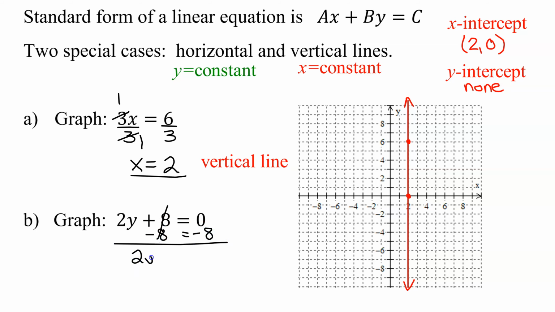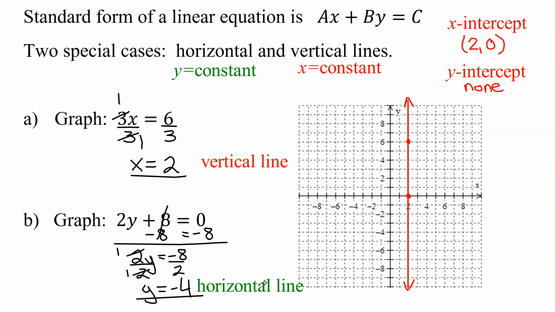I get 2y equals negative 8. Then divide both sides by 2. And I get y equals negative 4. And this is the form of y equals a constant. Therefore, this is a horizontal line.